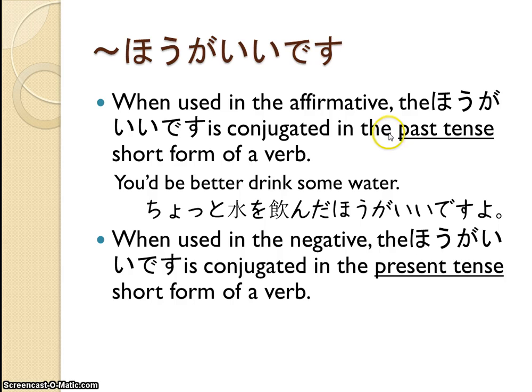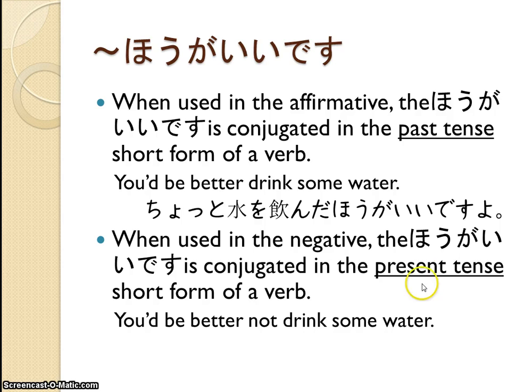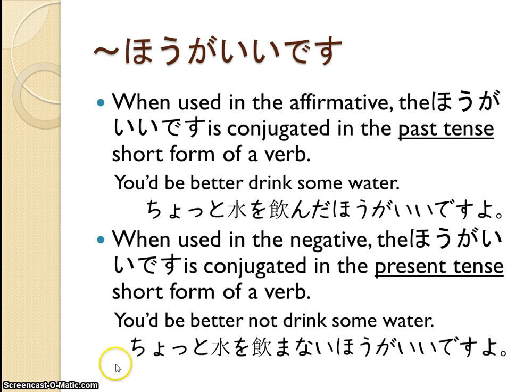When it's an affirmative, use the past tense. When you use a negative, like you shouldn't, it's better that you don't drink water, then it's in the present tense. It's kind of confusing, but let's see. Okay, ちょっと水を飲まない方がいいですよ. The polarity you're still keeping, negative and affirmative, but the tense just differs.